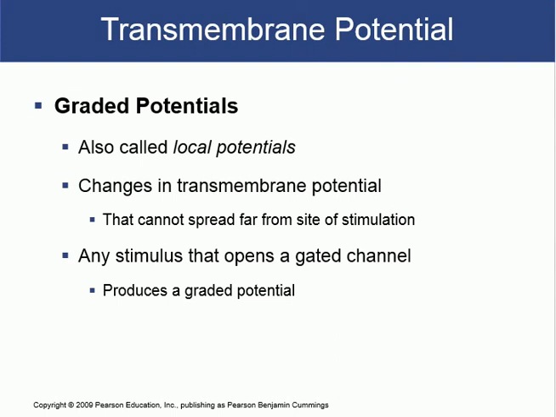Okay, so if we do a curve like this, with 0, 10, 20, 30, 50 until you get to minus 70. If you started here, this is normal, right? And a graded potential comes, meaning an electrical signal comes here. A local potential.